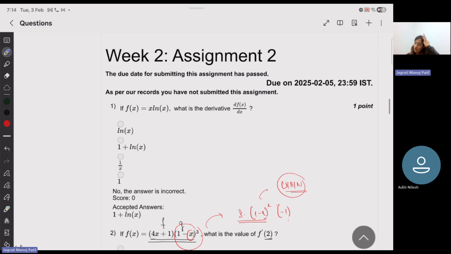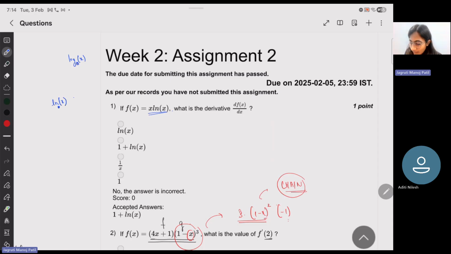Now how to solve log? So if f of x is equals to x times ln of x. Now, how do you see it? This is ln of x. Naturally, you see log as log of x. This is how you'll see it in textbooks, or whenever you directly search it. There's only a difference in the base you're evaluating it at.